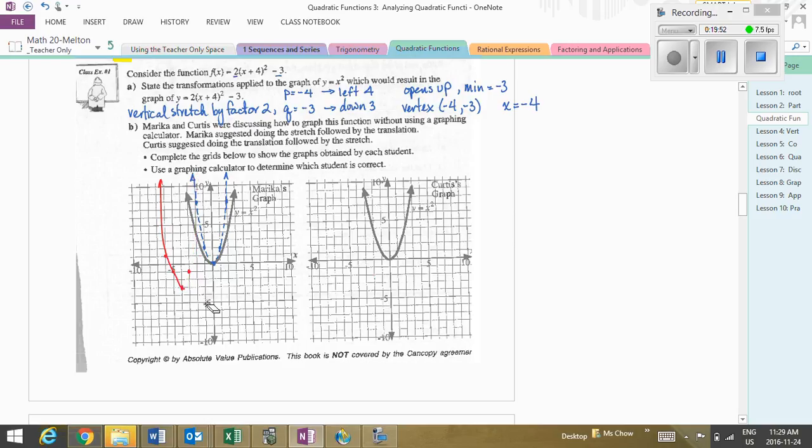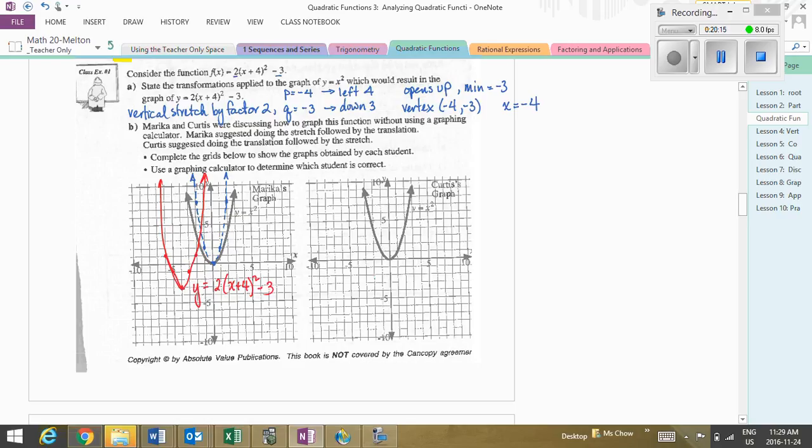It's a bit odd right now. Let's see if I can fix that up a bit. There we go. Okay, and so at this point we are looking at y is equal to 2 times (x plus 4) all squared minus 3.